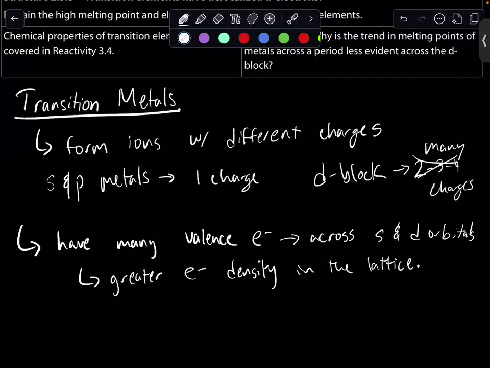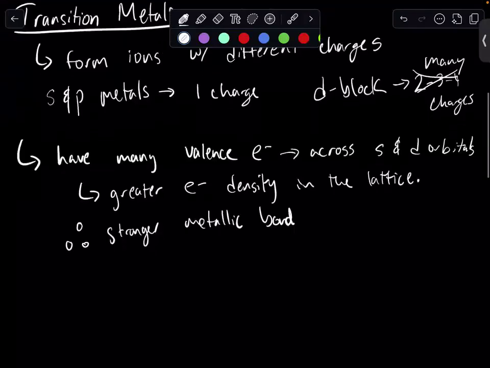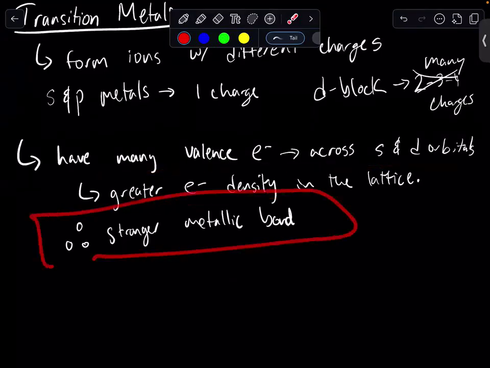If we have that greater electron density in the lattice, therefore, we're going to have a stronger metallic bond. Basically, the big thing here is they have a lot of valence electrons across their orbitals, therefore greater electron density, and therefore a stronger metallic bond.